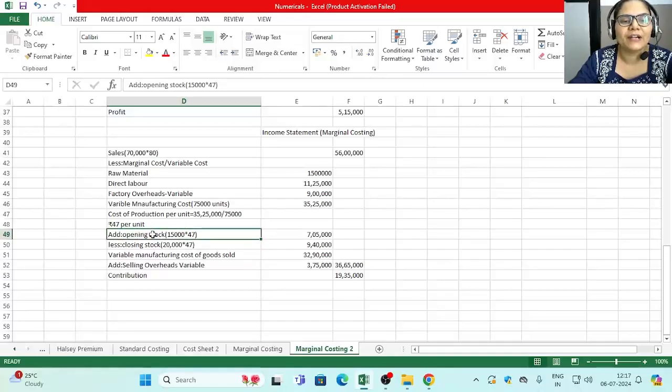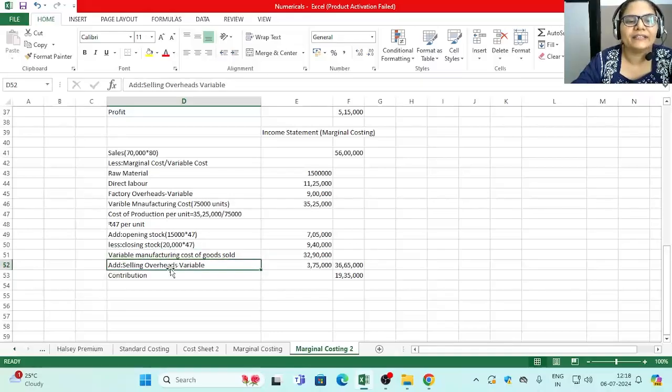In this, we will add opening stock 15,000 into 47, 7 lakh 5,000. Then we will deduct closing stock of 20,000 units at the rate of rupees 47 per unit, which will come out to be 9 lakh 40,000. After doing all these adjustments, we will get the variable manufacturing cost of goods sold, that is 32 lakh 90,000.